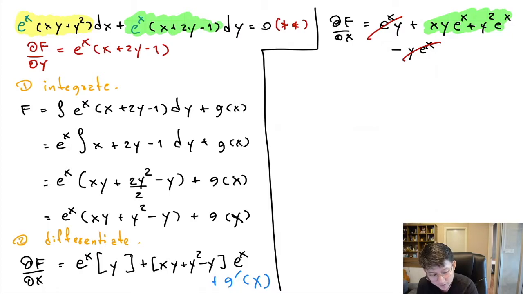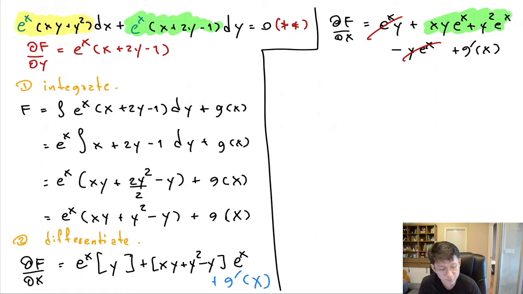Sorry for my handwriting. Okay, I've got g prime x, so I have plus g prime x. Okay, so I need to compare this with the df by dx, right?